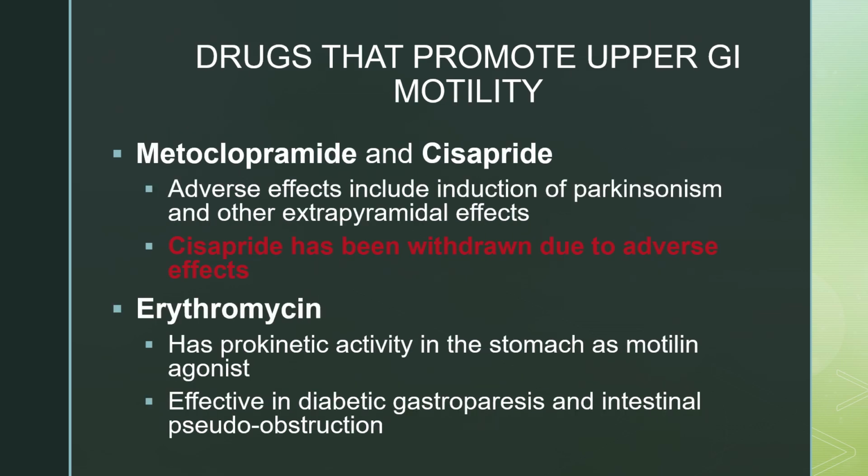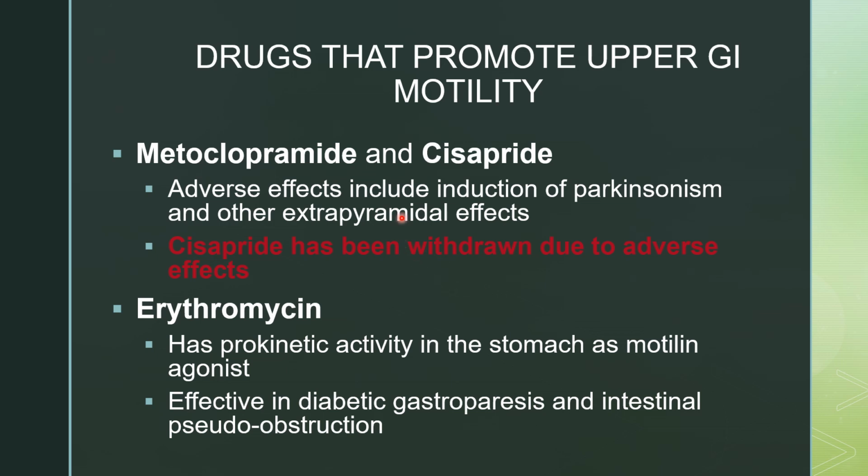For the adverse effects of the drugs, the use of both drugs can induce Parkinson-like symptoms and other extrapyramidal effects. And nowadays, we cannot see cisapride in the market because it has been withdrawn due to, I think, a cardiovascular adverse effect.